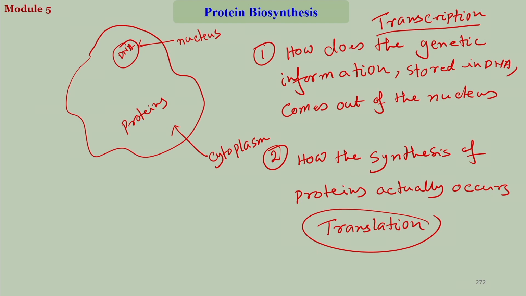So, these are the two main processes that are associated with the biosynthesis of protein, and we will discuss them one by one. And as I say again, each of these processes involves a chain of events.